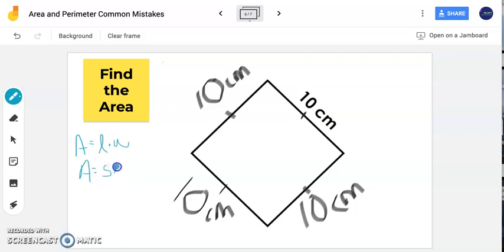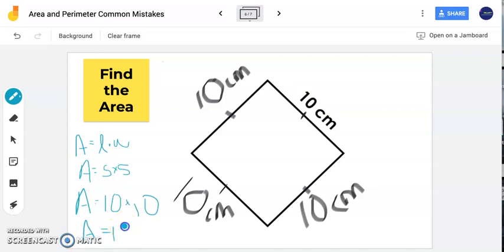They're both the same thing. So here, all I'm doing is taking one side, which is 10 centimeters, and multiplying it by another side, which is 10 centimeters as well. 10 times 10 is 100.